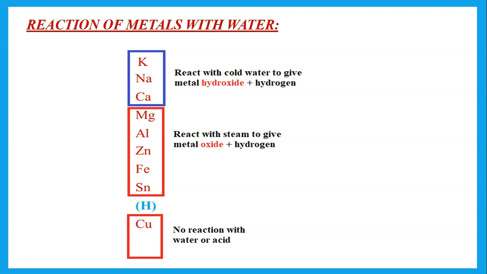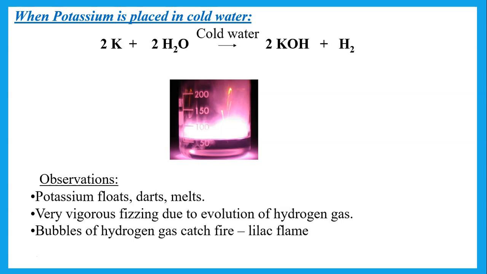Of course, anything below hydrogen in the reactivity series will not react with water and will not react with acid because it is less reactive than hydrogen. So looking at potassium, potassium is very reactive. We put it in cold water. First of all, you should realize all group 1 have lower density than water, so they will float. So potassium will float. It reacts with water to give what?